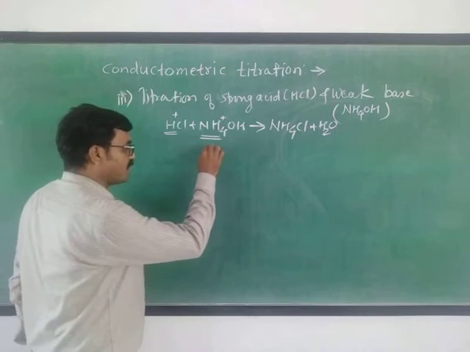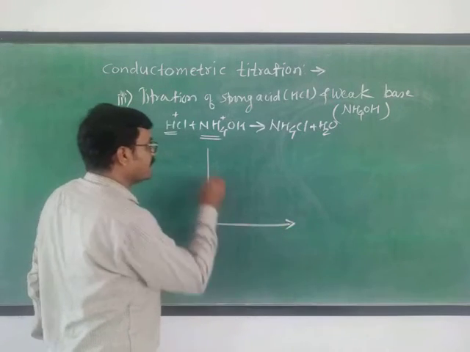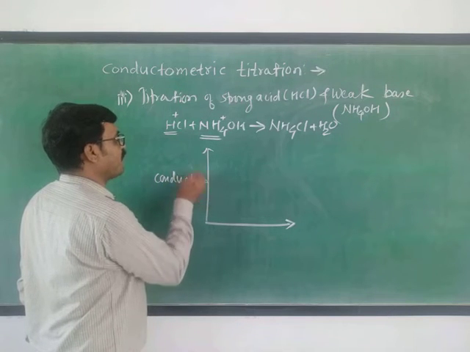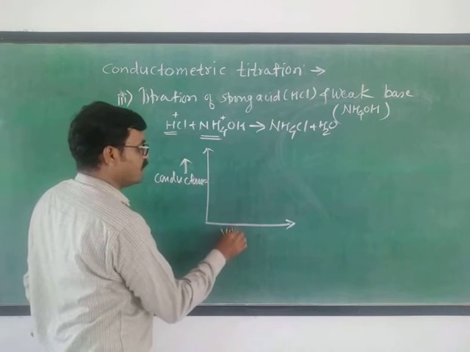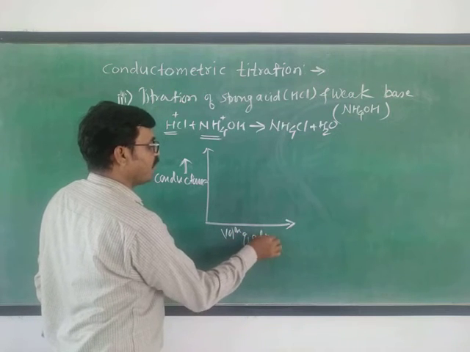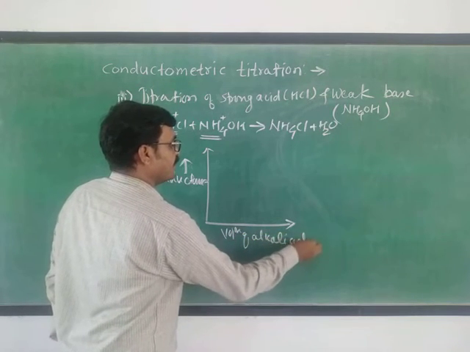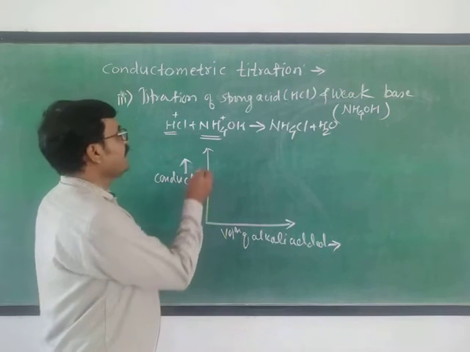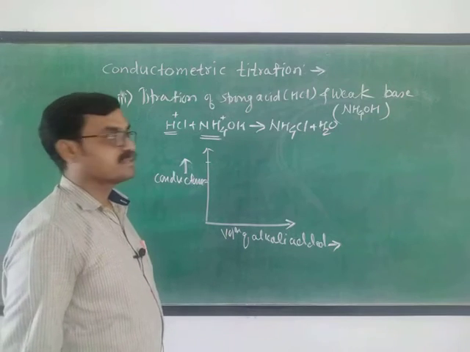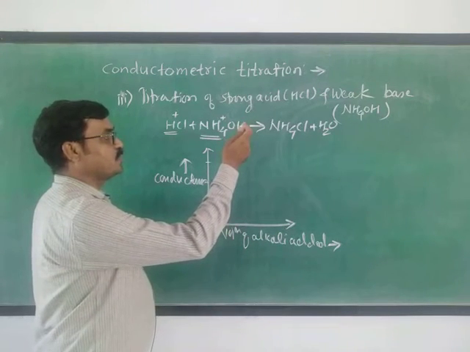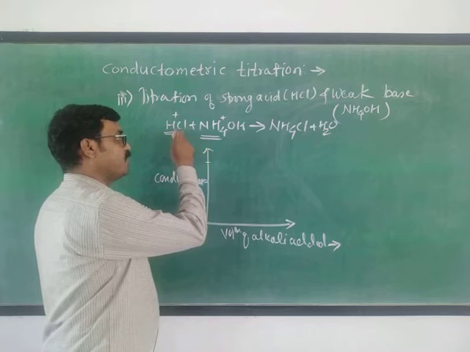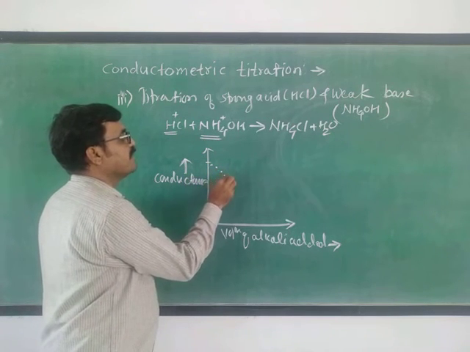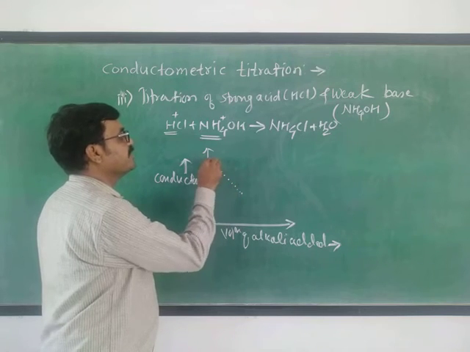Means if we plot a graph of conductance versus volume of alkali added from the burette, then initially due to acid there will be high conductance, but as soon as NH4OH, that is weak base, is added, highly mobile H plus is replaced by the low mobile NH4 plus, and that's why conductance goes on decreasing.